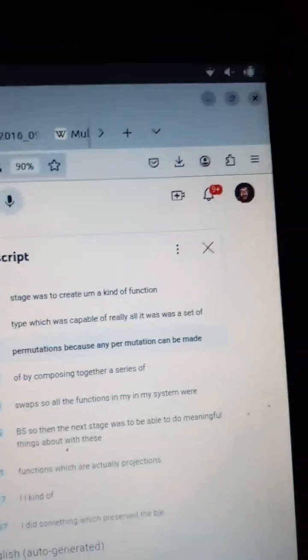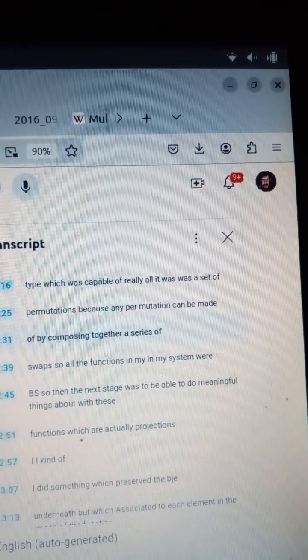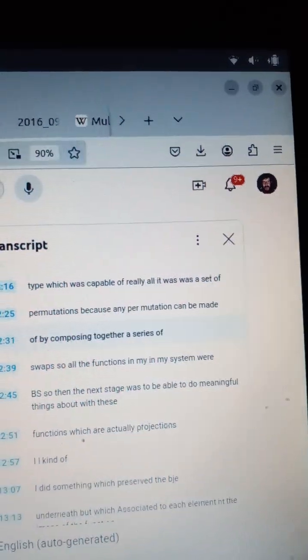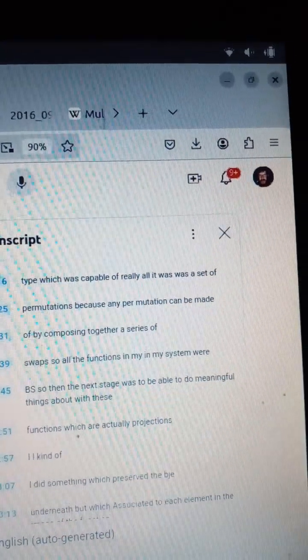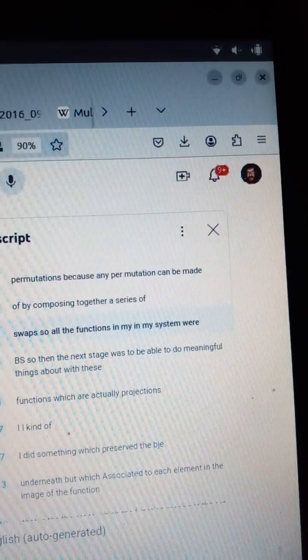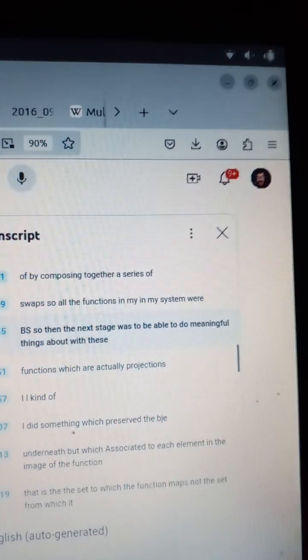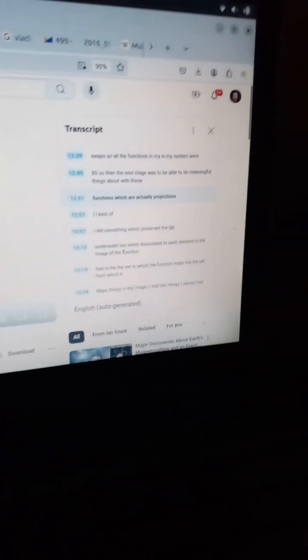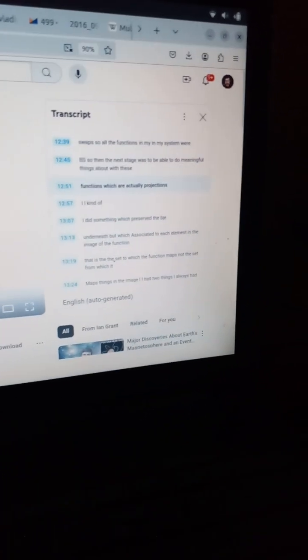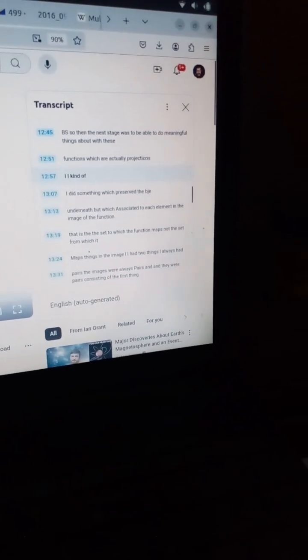Any permutation can be made by composing together a series of swaps. So all the functions in my system were bijections. So then the next stage was to be able to do meaningful things with these functions, which are actually bijections.